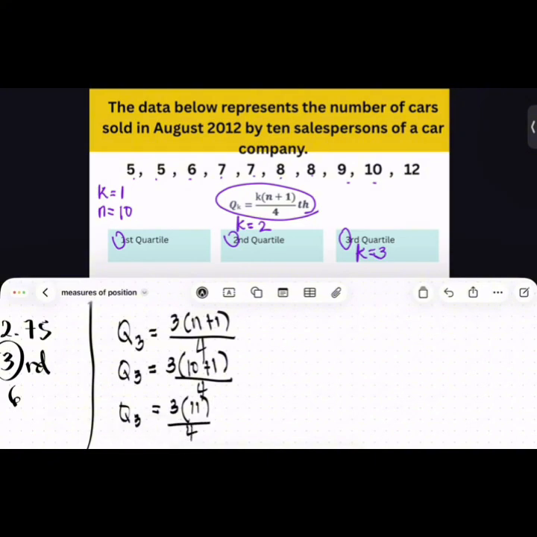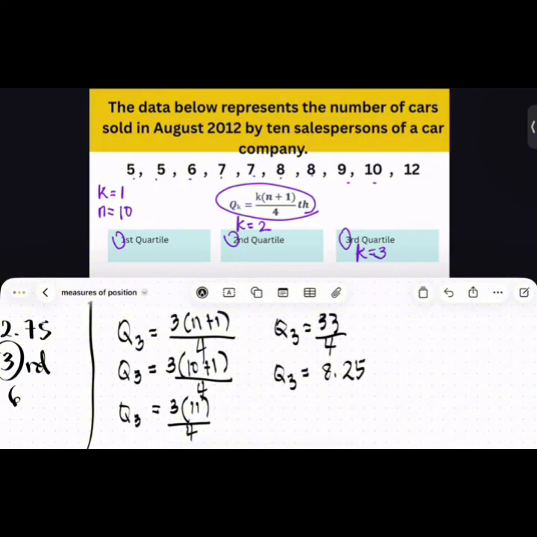Now, proceed po tayo in multiplication. So, quartile 3 is equal kay 3 times 11. So, that is 33 over 4. And then, when we divide, quartile 3 is equal kay 33 divided by 4. So, this is equal kay 8.25.